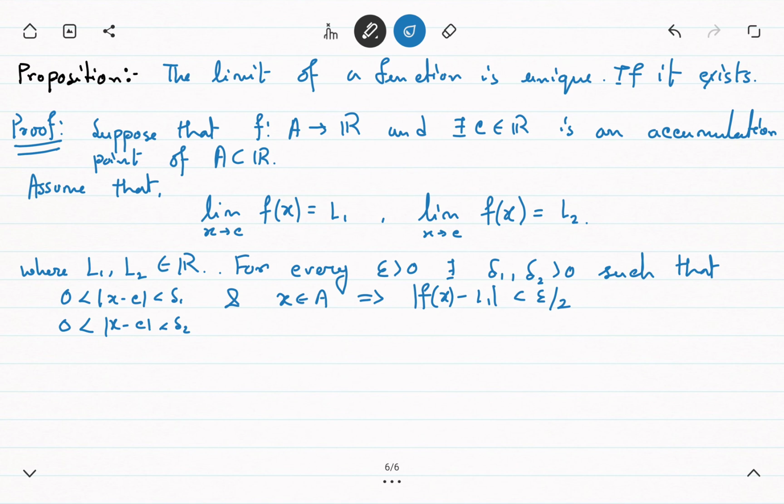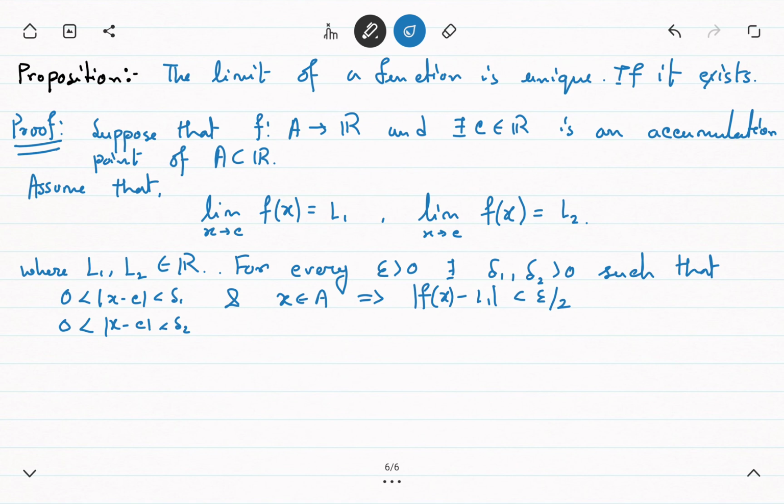See how I am deriving this; let me clarify. As it is said that the limit of a function is unique, I am defining a function, and there is a set A that maps to the real number set, and I am defining an arbitrary c, which is also part of the real numbers.